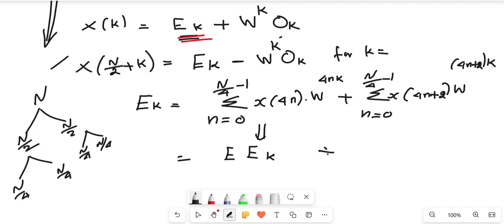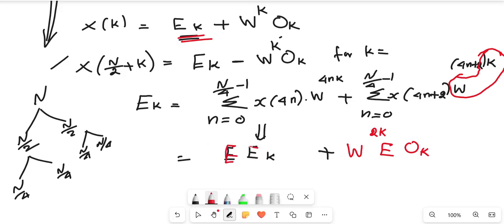You can separate the terms: W^(2k) into the even of odd function, even of even, plus W^(2k) into the even of odd function.